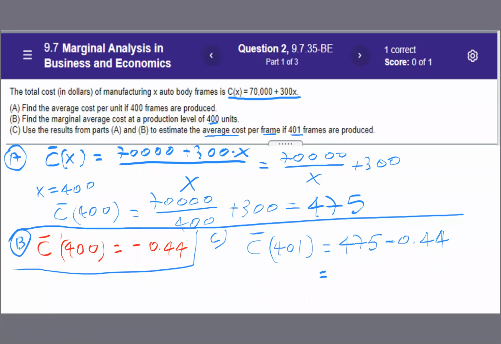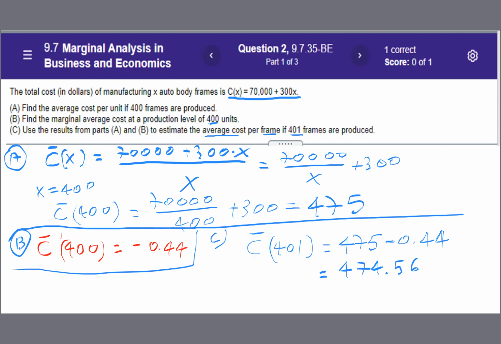So let's find that out. So the answer is 474.56.